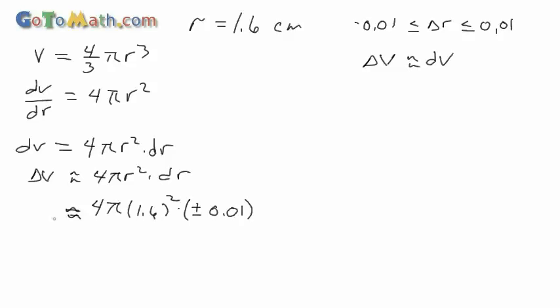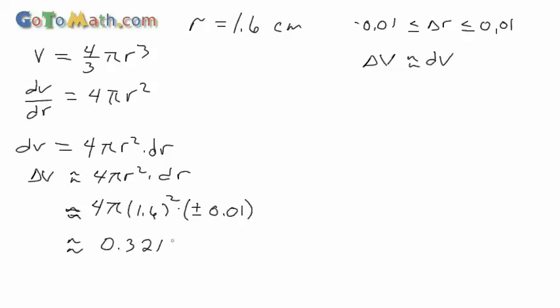Okay, and so therefore we're going to need to now multiply all this stuff together. So approximately, and I went ahead and did that, and I end up with 0.3216.